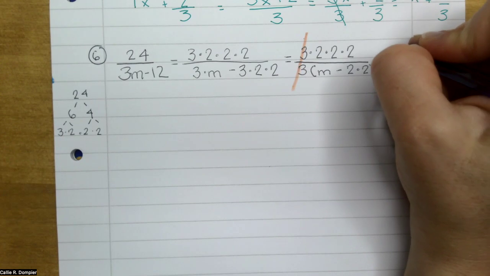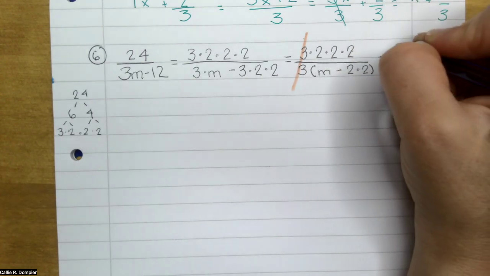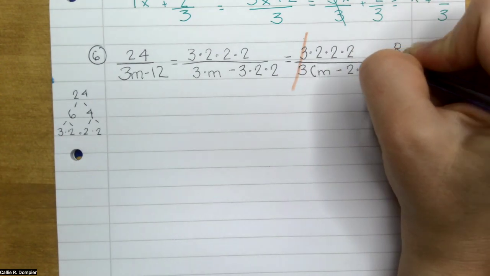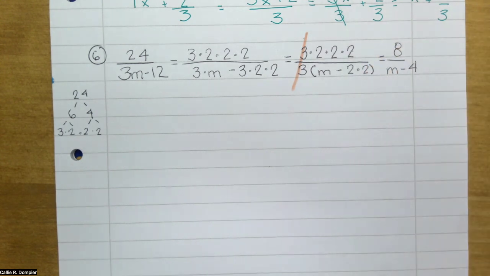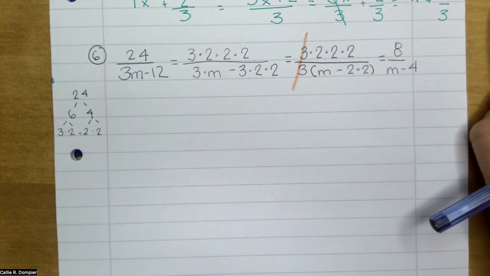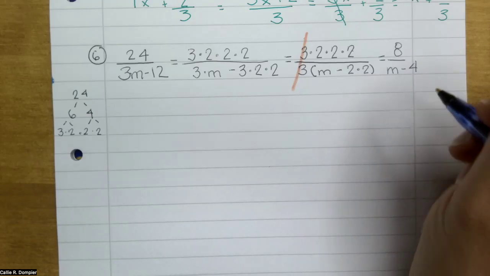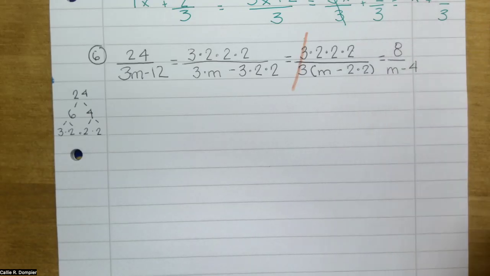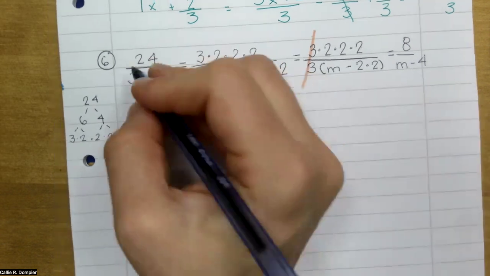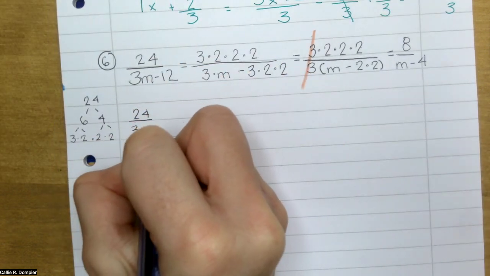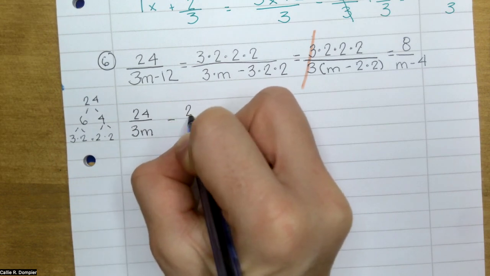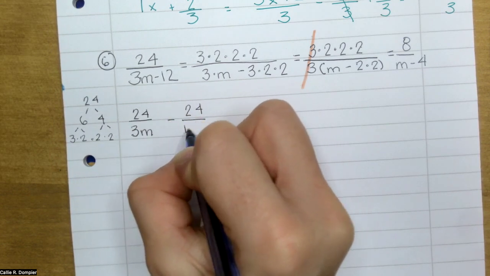So on the top, I have 8. On the bottom, I have m minus 4 because I canceled out the 3. Okay. Again, if you wanted to, you could do 24 divided by 3m minus 24 divided by 12.